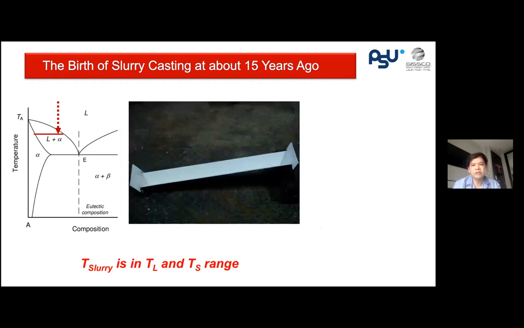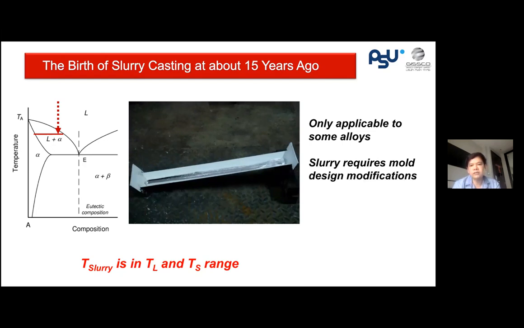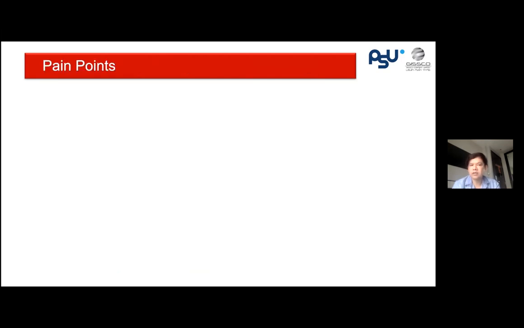Later, about 15 years ago, we also worked on slightly higher solid fraction, but not liquid. As we know, we need a freezing point like this. We also found some limitations: only some alloys follow this liquid-solid range, and we still needed some big gates. Customers were not ready to try it easily because it requires a lot of changes.